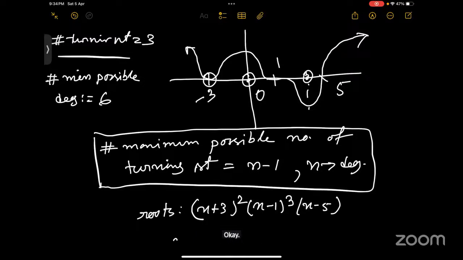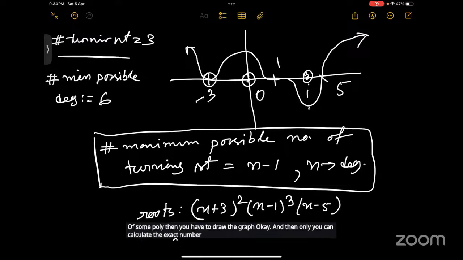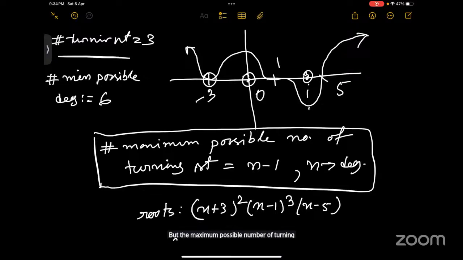So if you want to calculate the exact number of turning points of some polynomial, then you have to draw the graph. And then only you can calculate the exact number of turning points. But the maximum possible number of turning points will be degree minus 1.